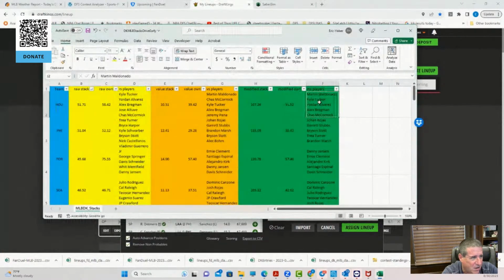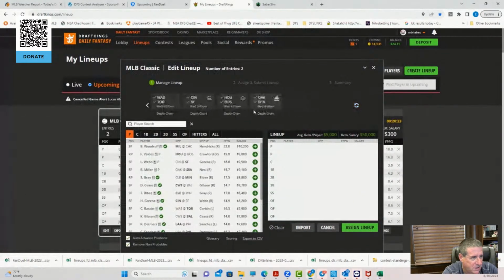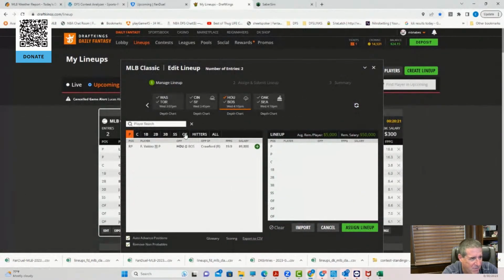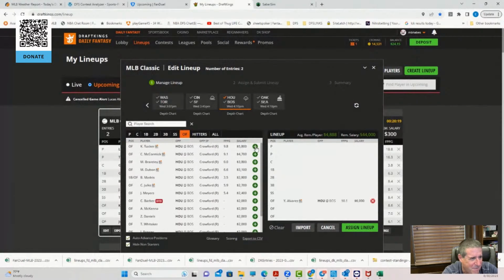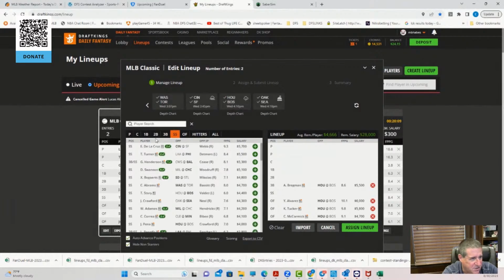So let's try Tucker, Bregman, Alvarez, and McCormick. Put these guys in. The problem here is that there's not that many great cheap pitchers. So you have these four. All right, that's a good start.